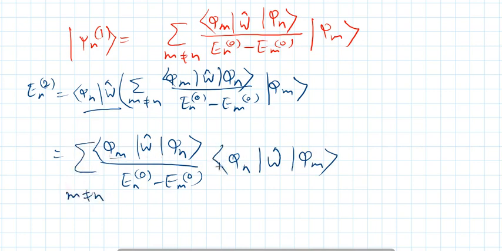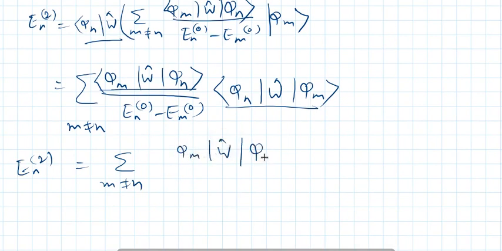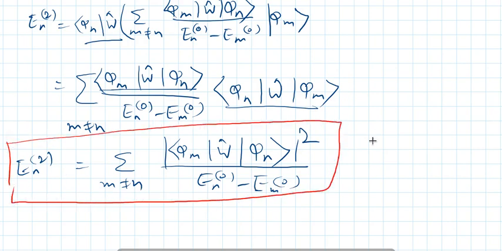If I put these two terms together, then it can be written as summation m is not equal to n, phi m W phi n, its mod square, over En0 minus Em0. So basically this is the value for what we call En2. Let me call it equation number 23.